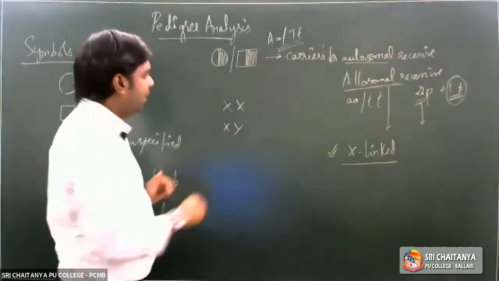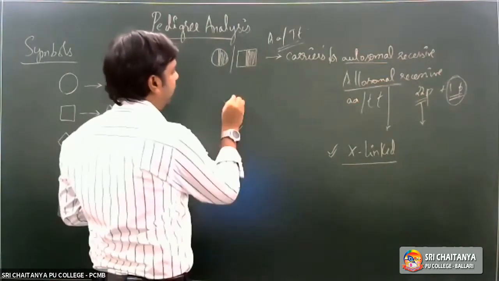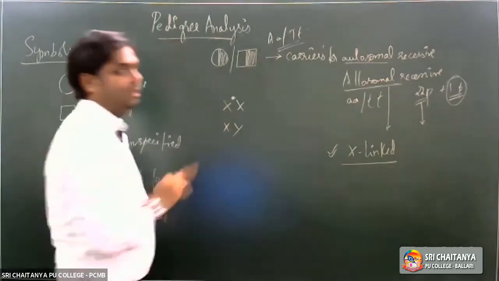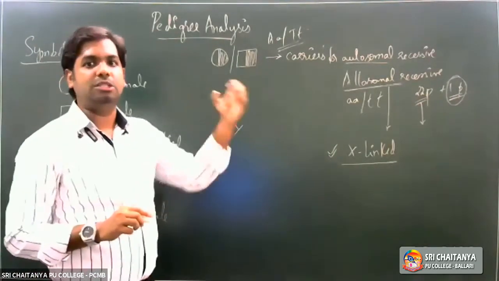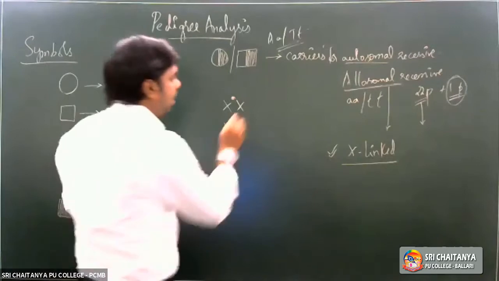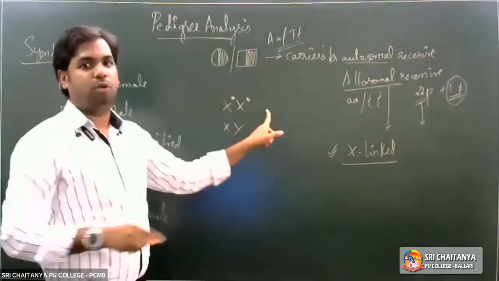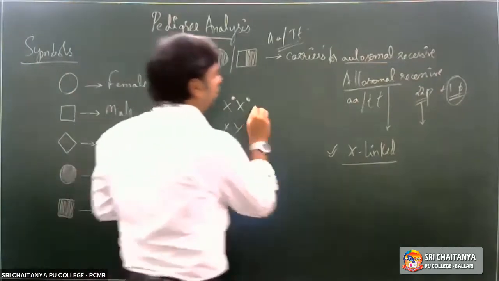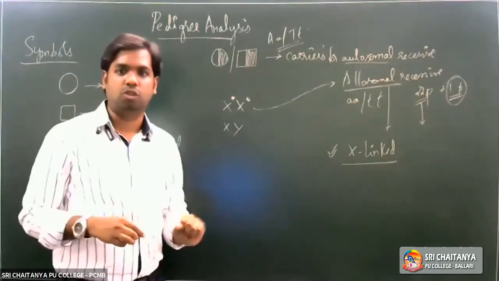If there is a mutation on one X chromosome, that will not show any disease. If in females a particular disease has to be expressed, then both the genes located on both the chromosomes have to be mutated. This we call allosomal recessive disorder or X-linked recessive disorder.